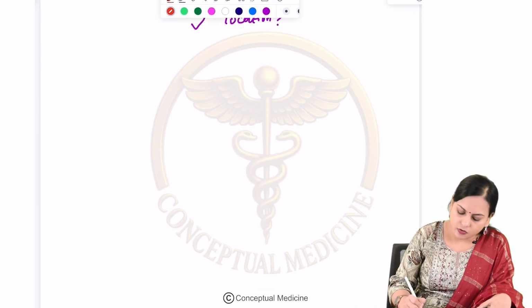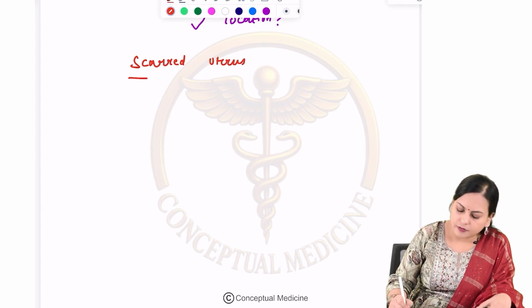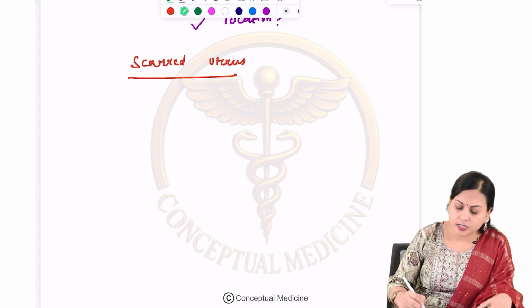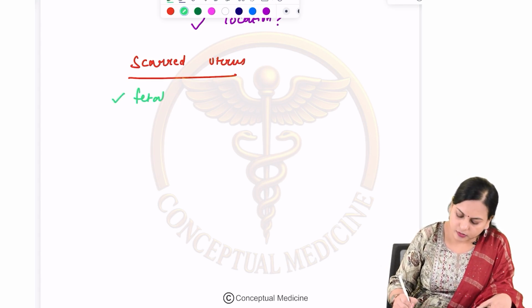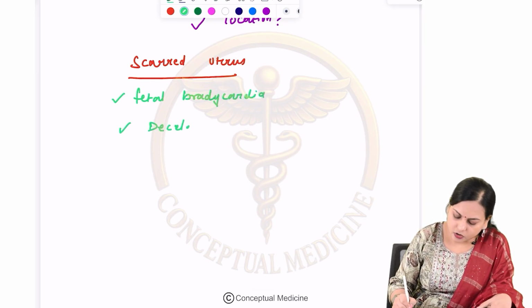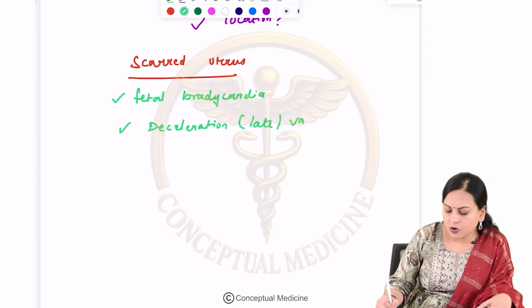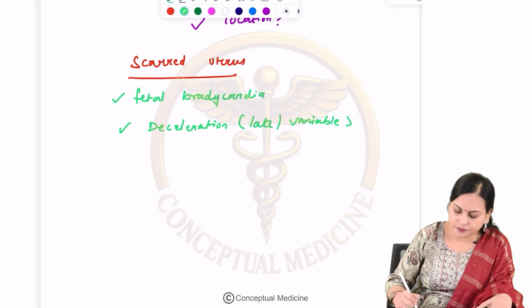Okay. So in scarred uterus, we can have fetal bradycardia, deceleration of FHR, that can be a late deceleration or variable deceleration.